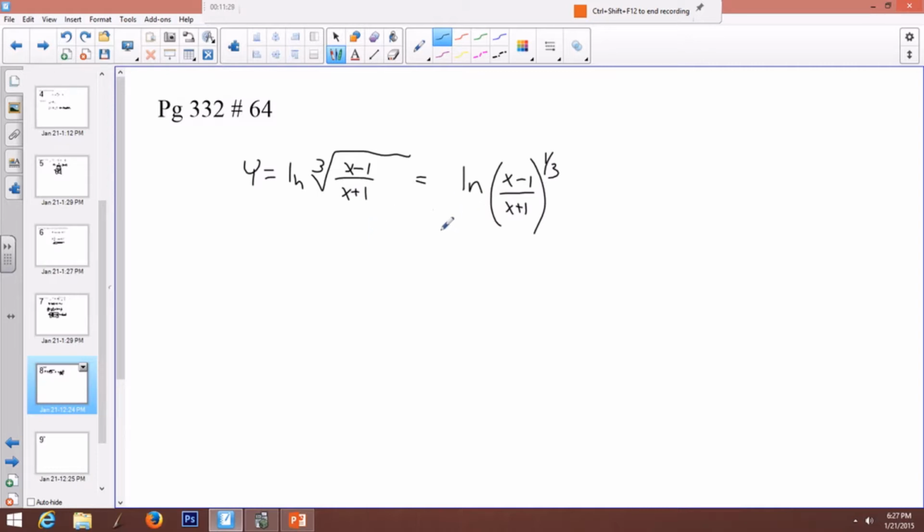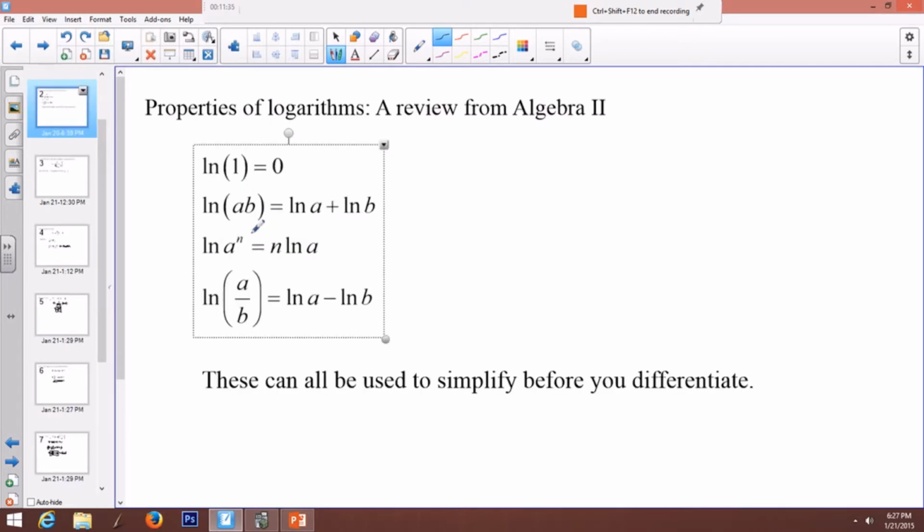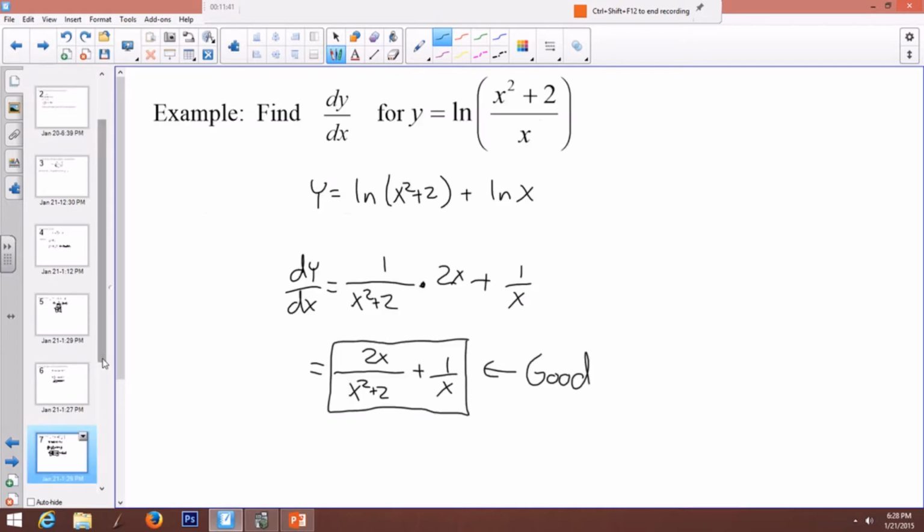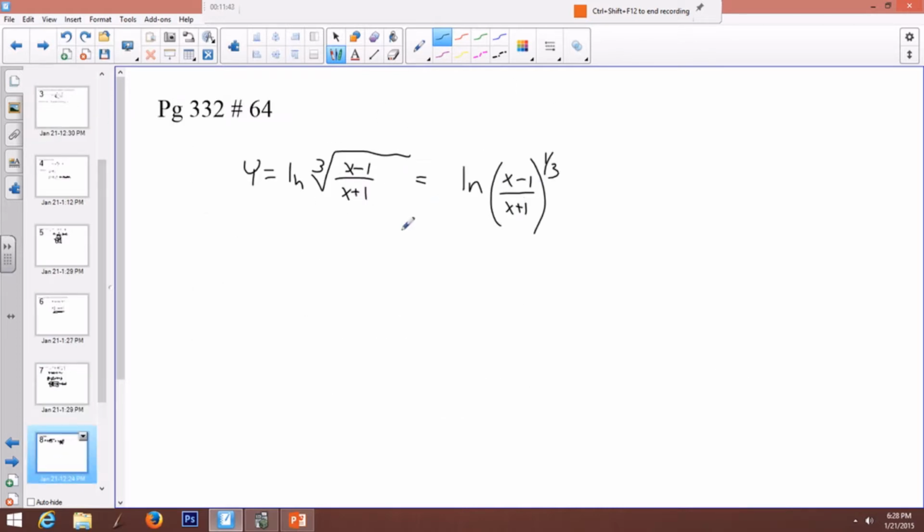First, I'm going to apply this first property. We're going to bring that 1/3 power down to the front. And so I have 1/3 the ln of x minus 1 over x plus 1.